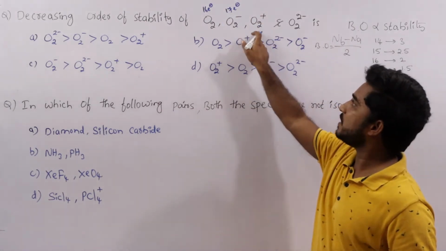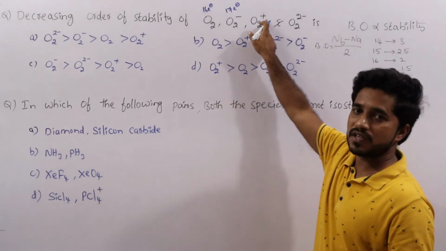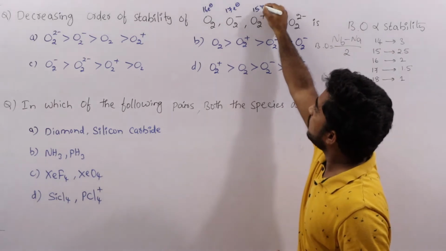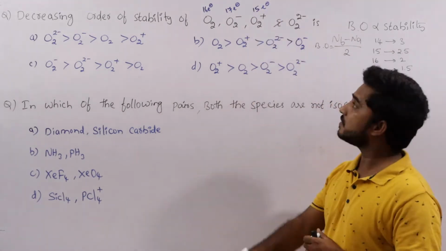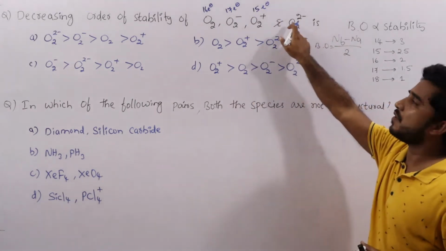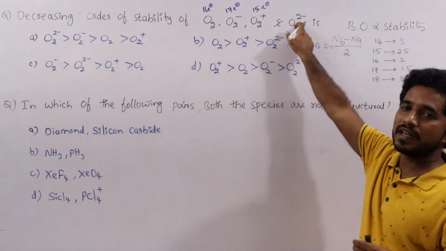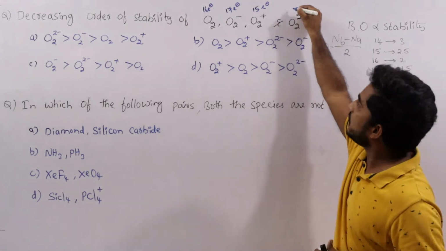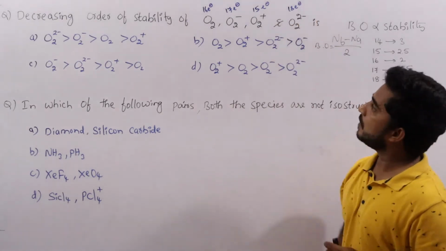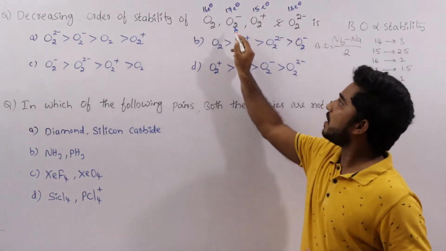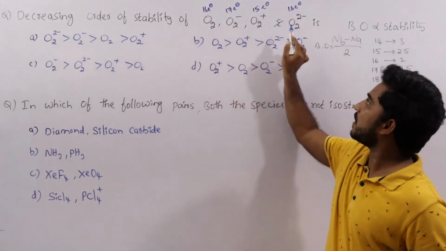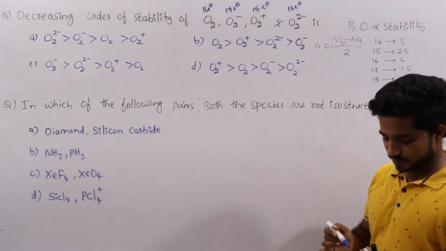O2 plus has a positive charge, which is a deficiency of 1 electron, so it contains 15 electrons. O2 2 minus has 2 extra electrons, so 18 electrons. So O2 has 16 electrons, O2 minus 17, O2 plus 15, and O2 2 minus 18.